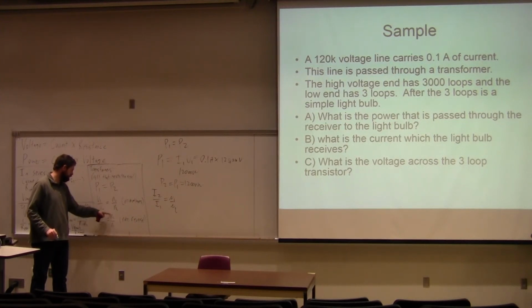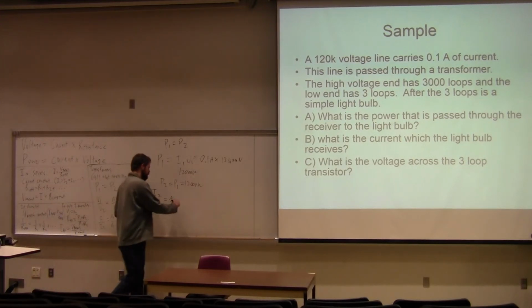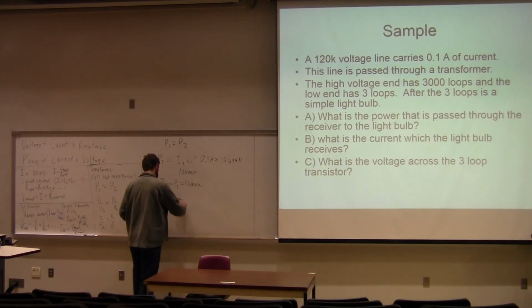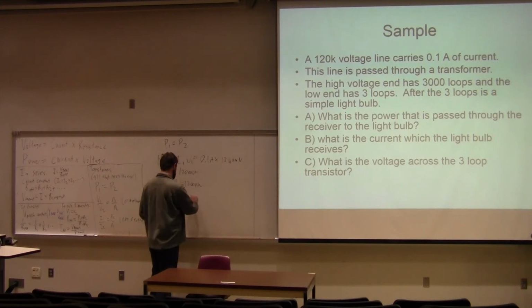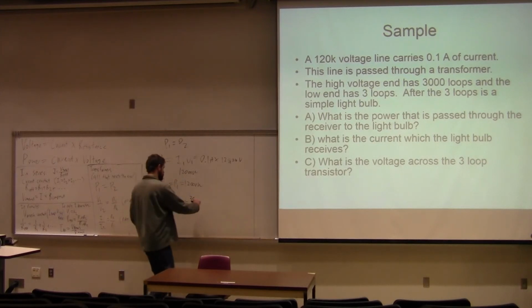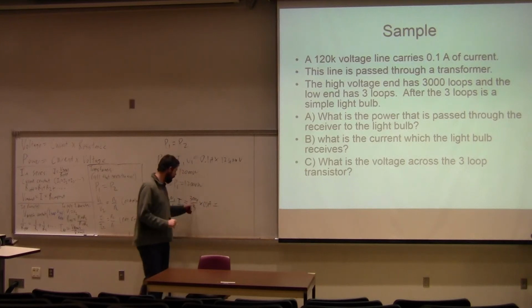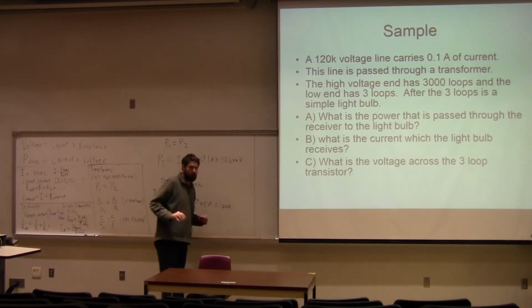Since I1 over I2 is N2 over N1, that means that I2 over I1 is N1 over N2. Inverse. That means that I2 is equal to I1 times N1 over N2. N1 was 3,000 because it had more voltage. N2 is 3 because we have less voltage, times 0.1 amps. And this gives me 1,000 times 0.1, which is 100 amps.